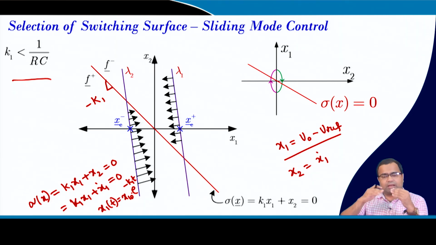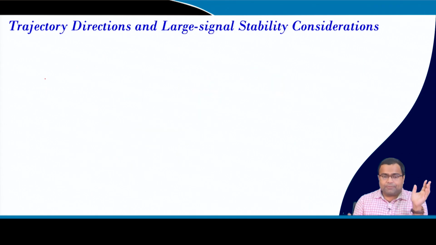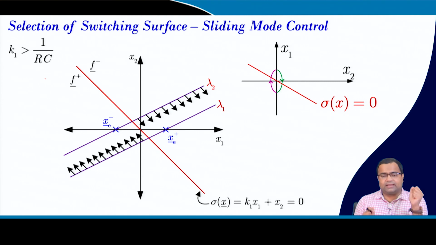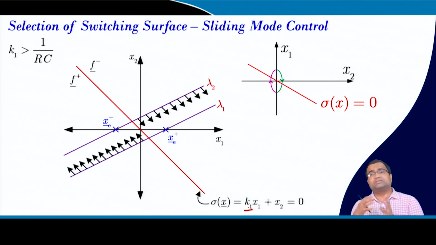So, it will have an overdamped response for smaller k. If we increase the k, then we have also seen that this will lead to some overshoot, undershoot and then sliding motion. Okay. So, now our question is how to select this k1, and by selecting k1 can we achieve something close to the time optimal or not.